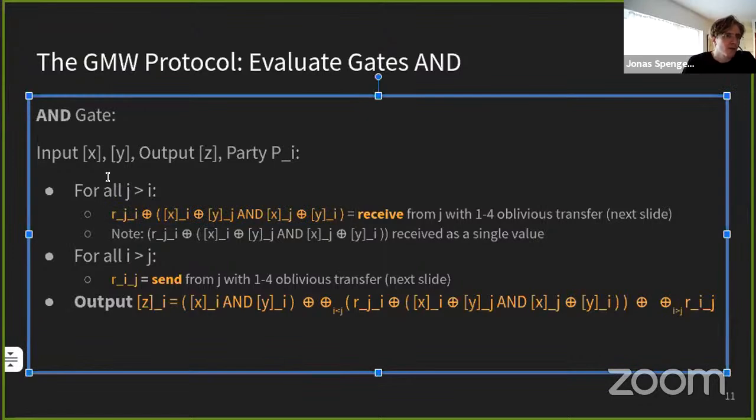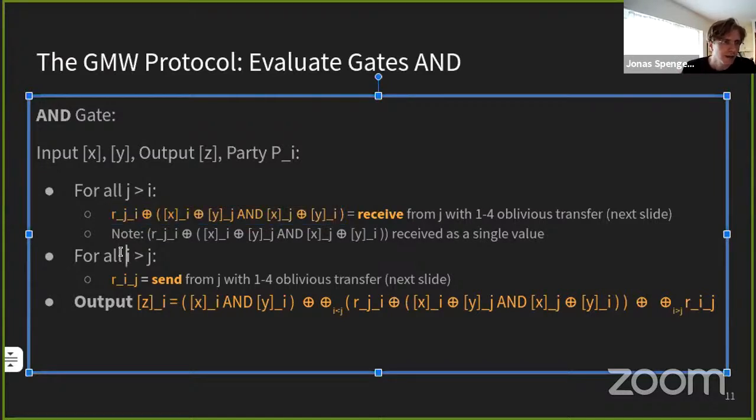The way the protocol works now for party I is that party I basically does, for all other parties j that are larger than I, so if I is smaller than j, then I is the receiver of this oblivious transfer, and party I receives this expression, but as a single value. I've written out the whole expression now, but we only receive a single value from the oblivious transfer.